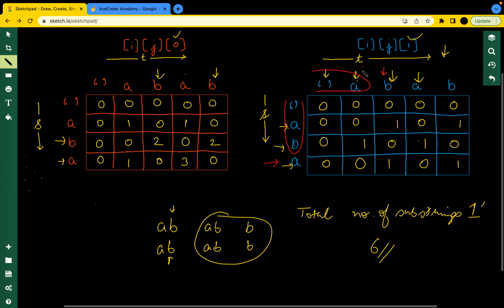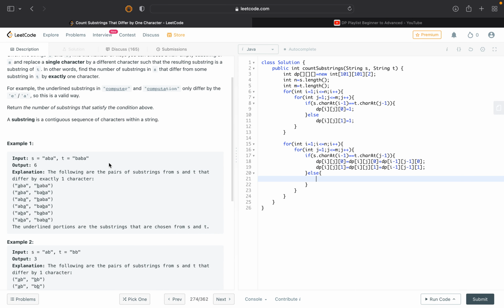Basically, the substrings that differ by 0 characters and end till these two indices. So this value is obviously present here, which is 0 in this case. So we will add this value here.